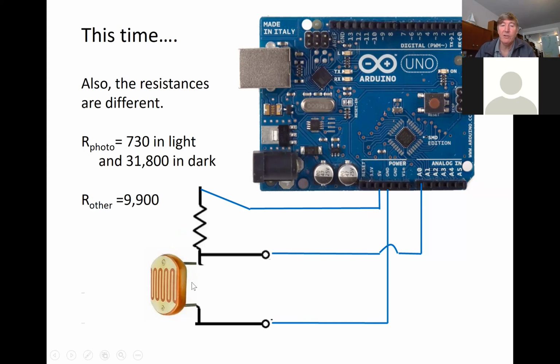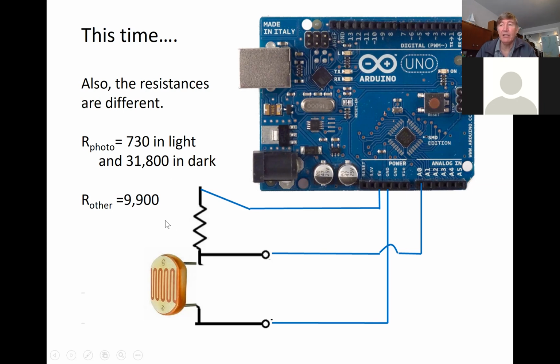This new photoresistor not only is in a different place, but also when it sees the light, it's going to give you a different voltage. It's going to have a different resistance. It's going to have 730 ohms of resistance in the light. And if the burglar is there so that it's dark, then it's going to have 31,800 ohms of resistance.